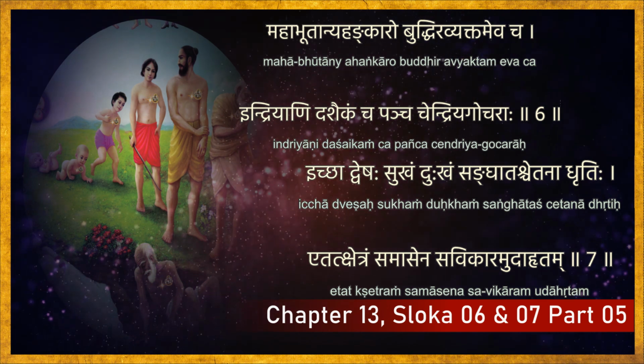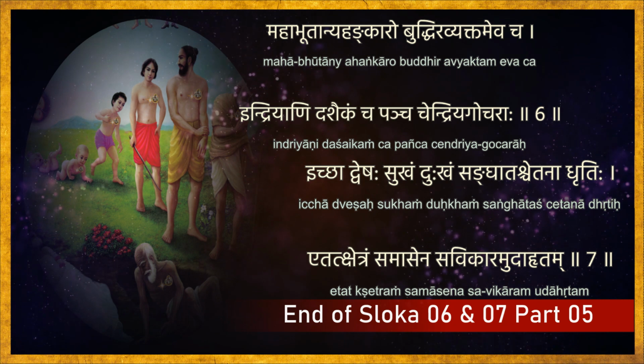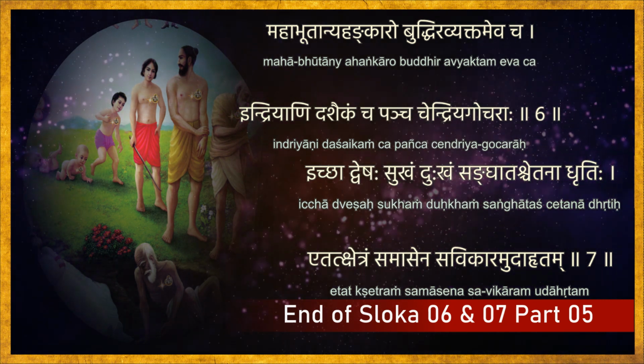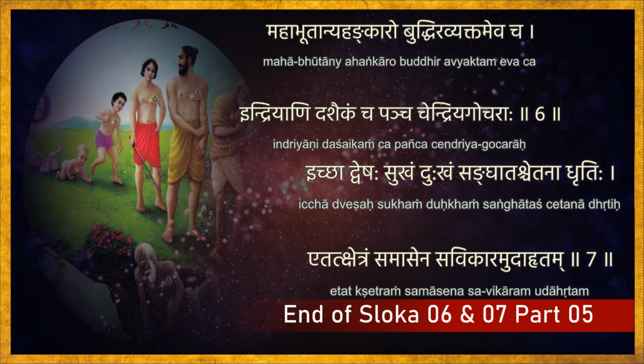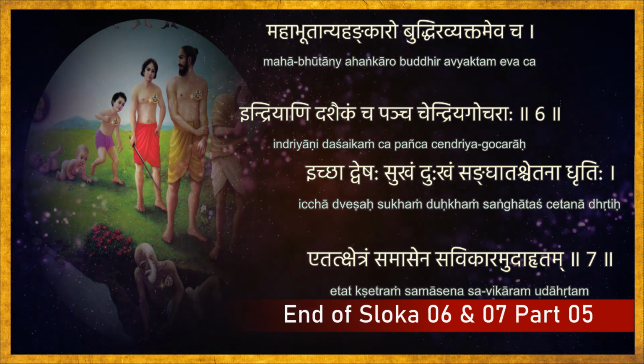So Prakriti number 1, Mahan number 2, ahaṅkāra number 3, then 5 jnanendriya which makes it 8, and 5 karmendriya which makes it 13, and then manas which is 14.